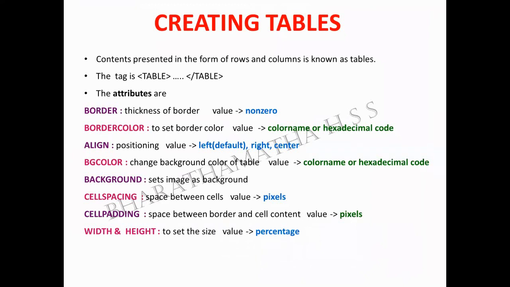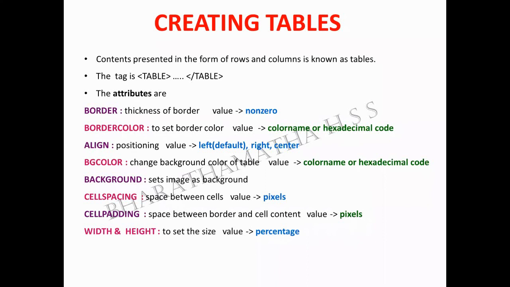Among the attributes, your border attribute is very important because without that, you can see only some items scattered over there. The value for the border should be a non-zero value, which means it should not be zero.